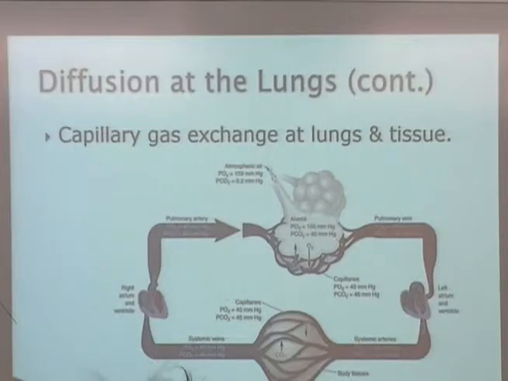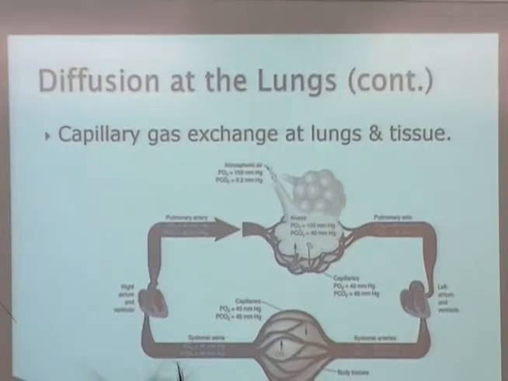So remember, it's got to be high in the alveoli versus the blood. If I'm offloading oxygen here at the tissue, what does that mean between the blood and the tissue? Where's the partial pressure of the oxygen in the muscle tissue compared to the blood? It's lower. Lower, right, good.